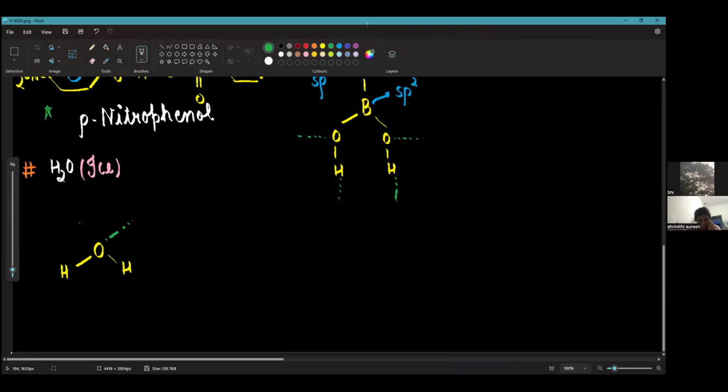Here first bond, here second bond, here third bond, and here fourth bond. So there will be 4 hydrogen bonds over here, and there will be some void space over here. See, this is the void space, and this void space is basically called a cage-like structure. This is called a cage-like structure.